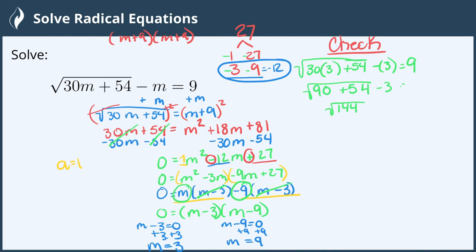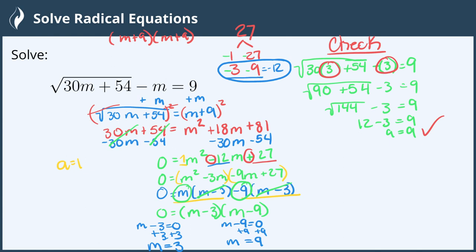The square root of 144 is 12. And 12 minus 3 does in fact equal 9, which tells us that the solution of m equals 3 is correct.